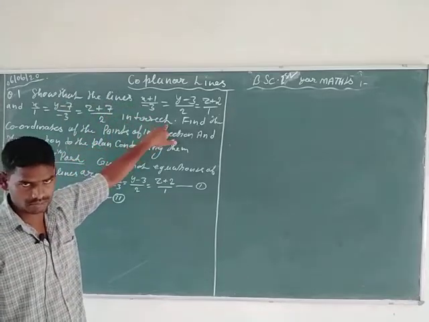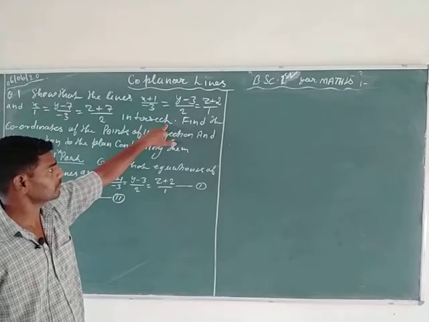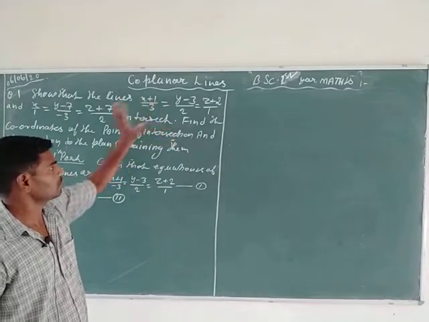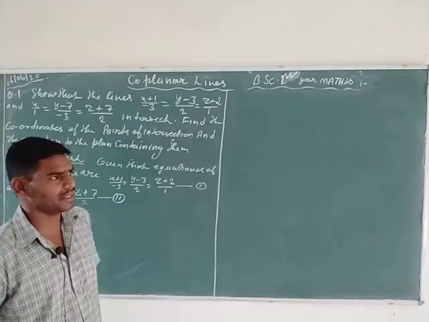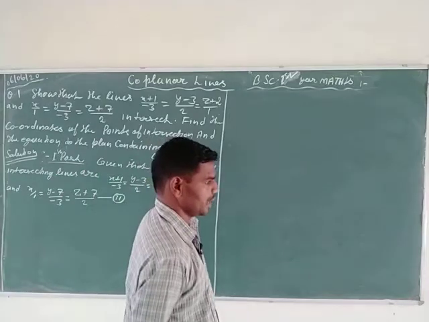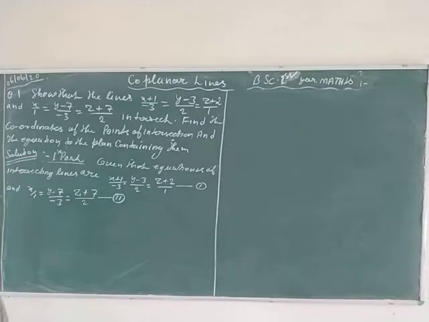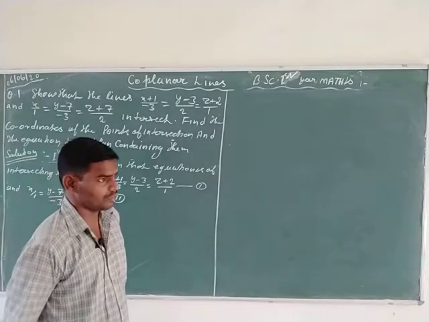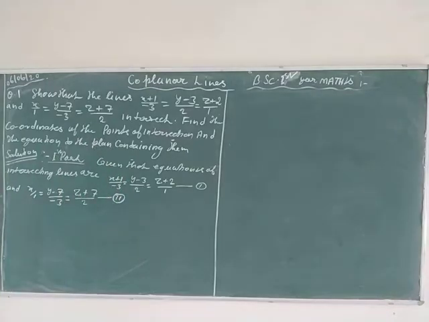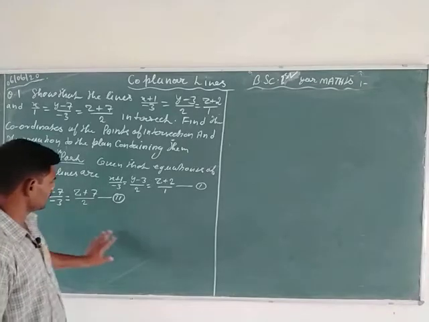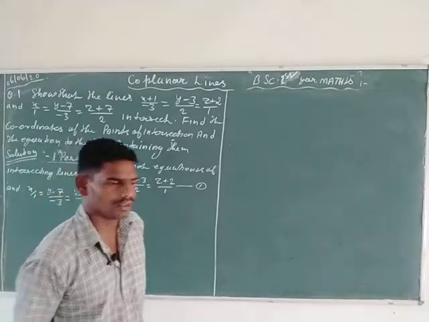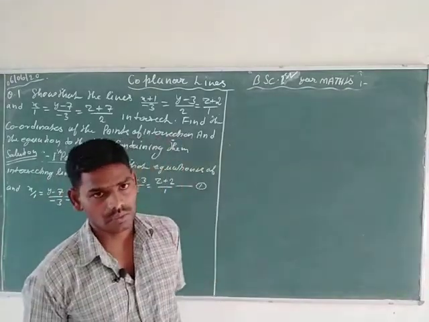Here intersect means these two lines are coplanar. For proving this, suppose that these two lines intersect each other. You know that two straight lines intersect each other at only one point.